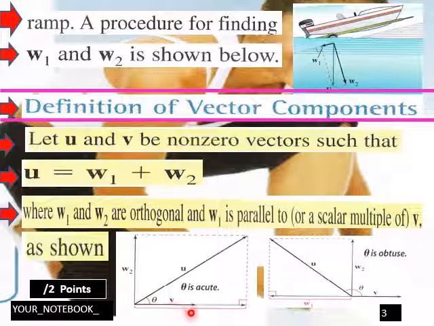So this is our W2 here, here is our U, and here is our V, and this would be W1 here, and W2 would be here. So where W1 and W2 are orthogonal, meaning that they both work together to go into the general direction of U, is what that means.